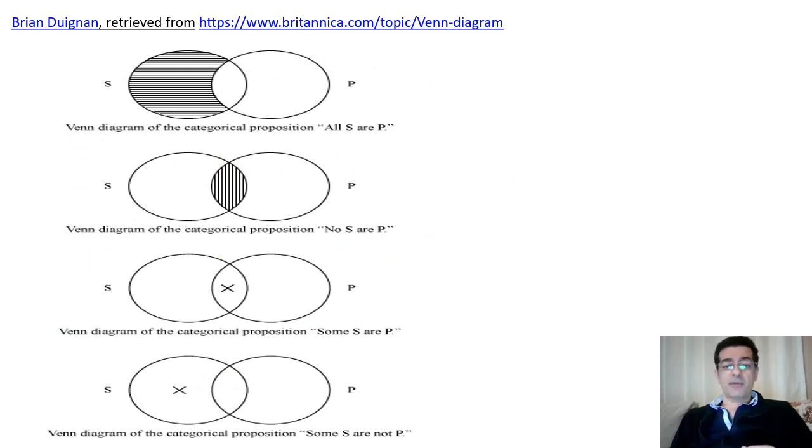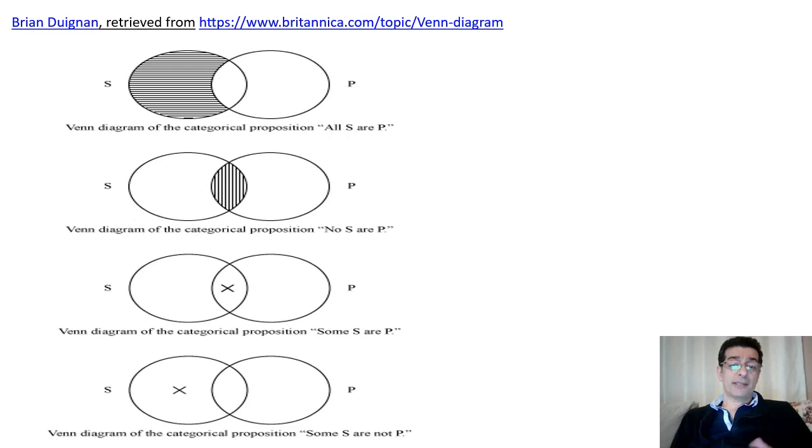Well, these are the diagrams for the sentences in the same order, right? Can you read the sentences below each diagram? The first one is all S are P. Is it affirmative or negative? It is affirmative. What about number 2? No S are P. It is negative. And some S are P? Affirmative.